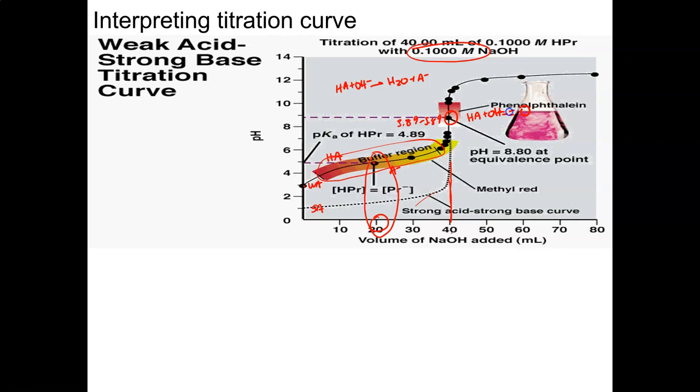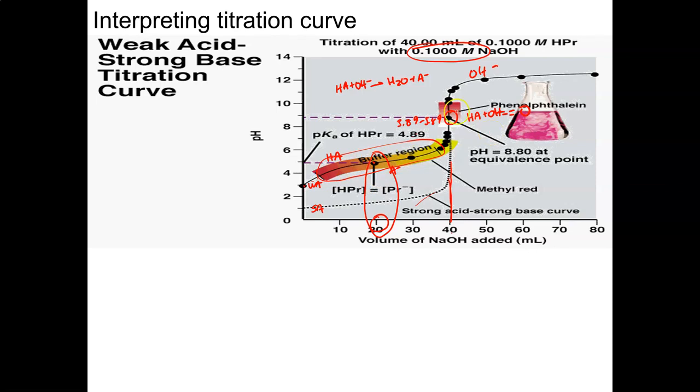At that point, both of these are being consumed because they're 1-1 ratio. They're eating each other up. There's nothing of either one, right? Beyond this point, OH minus is going to start increasing in concentration to be higher. So from this point on, A minus and OH minus are going to be highest in concentration as you go. They'll ask you questions about it. That's why I'm pointing all this out to you. So you recognize that, initially what's going to be high, where they're going to be equal, and then what gets higher as you go to the right.